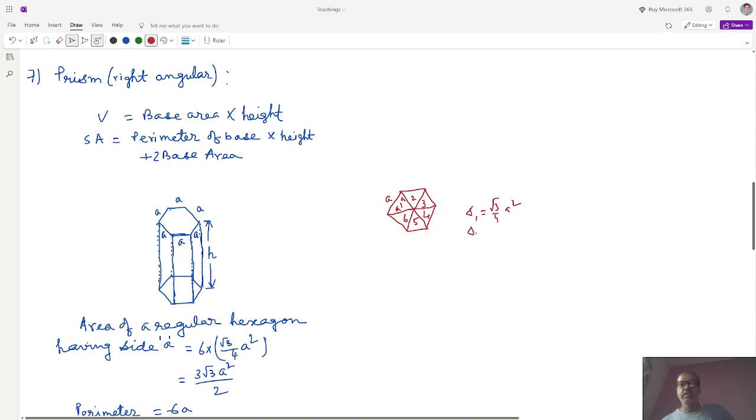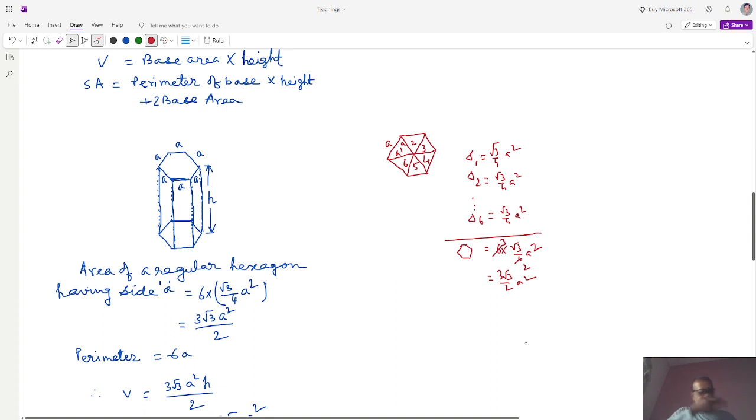Similarly, area of triangle 2 equals root 3 by 4 a square, and so on. So the total area of the hexagon will be 6 into root 3 by 4 a square, that is 3 root 3 a square by 2.